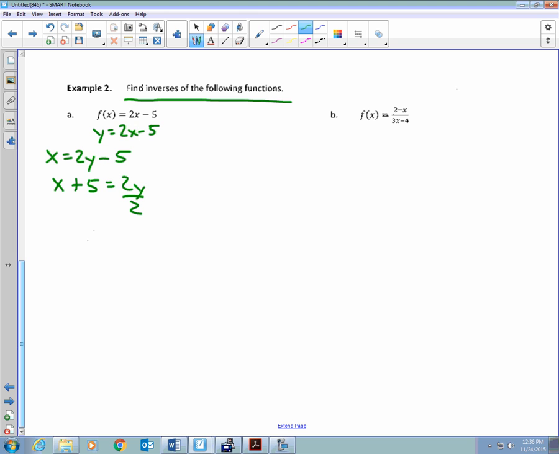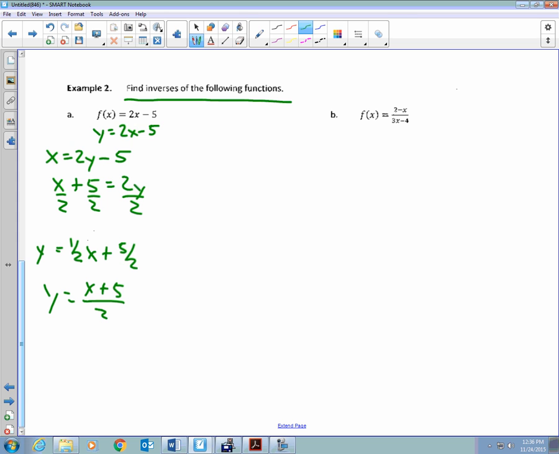Add 5 and divide by 2. So 1/2 x plus 5 over 2 is equal to y. This is the inverse of that. In fact, your book will often write it as x plus 5 over 2 instead. Either way is fine.